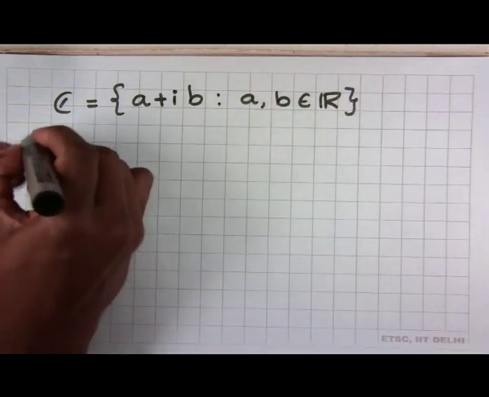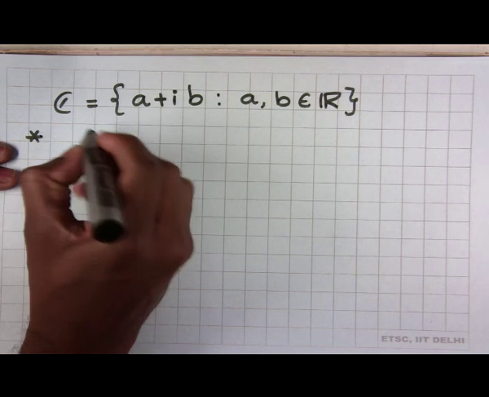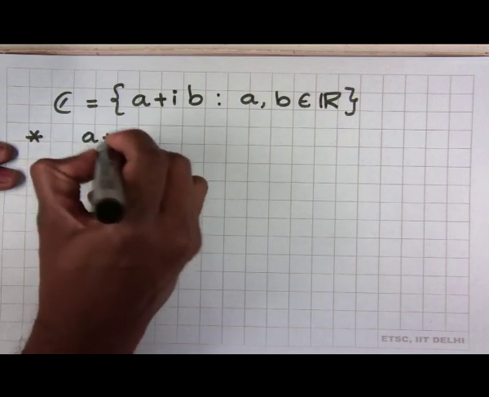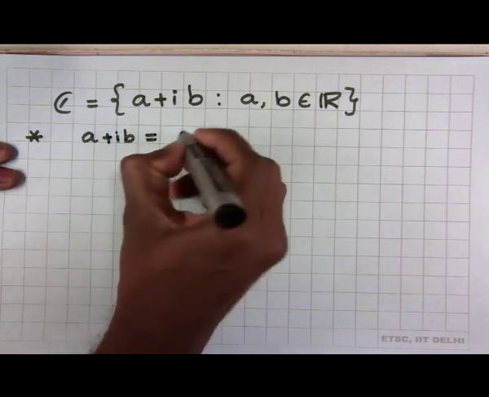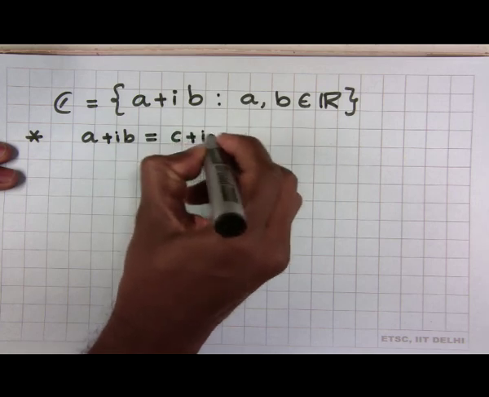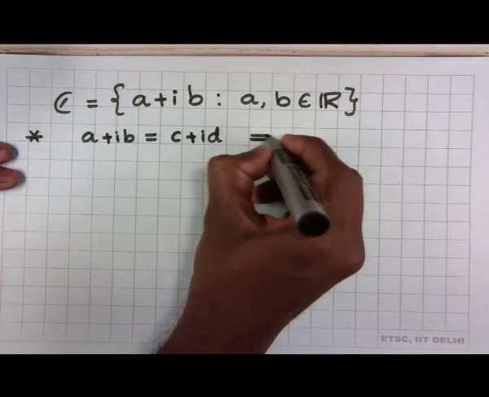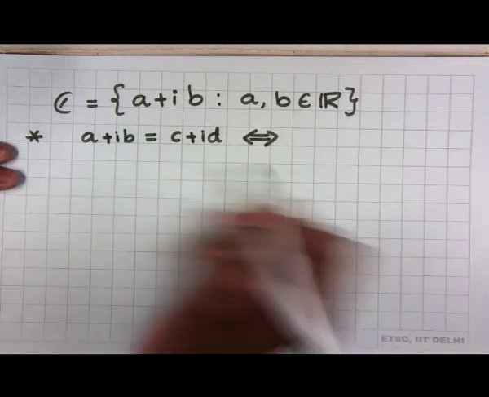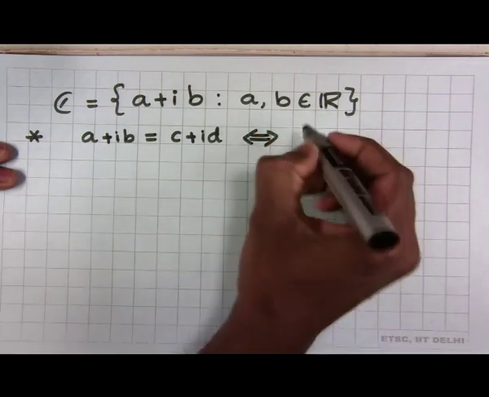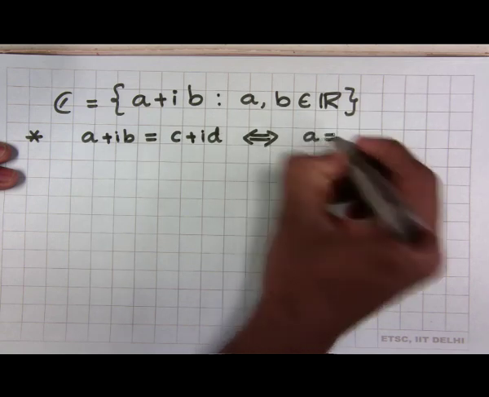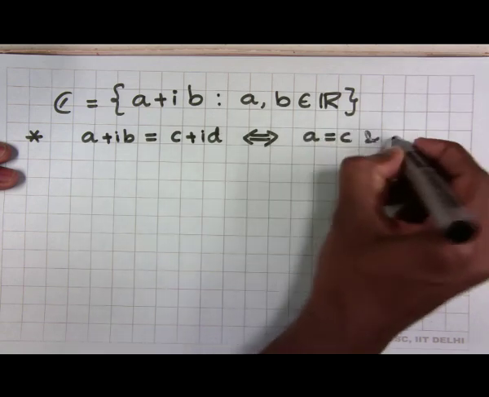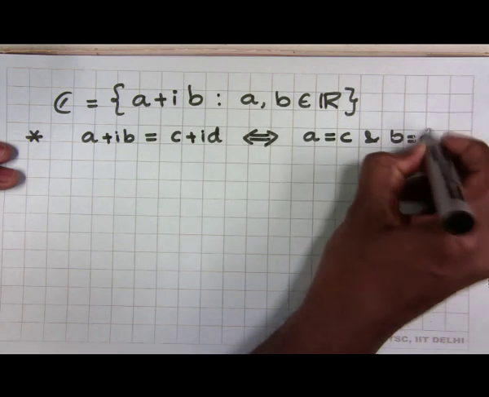And what we said is, two complex numbers are equal, that is a plus i b equal to c plus i d, if and only if, this is again a definition, a equals c and b equals d.